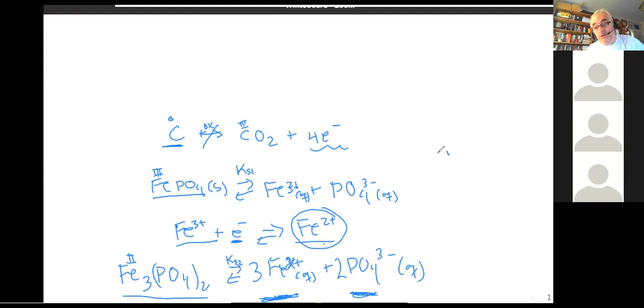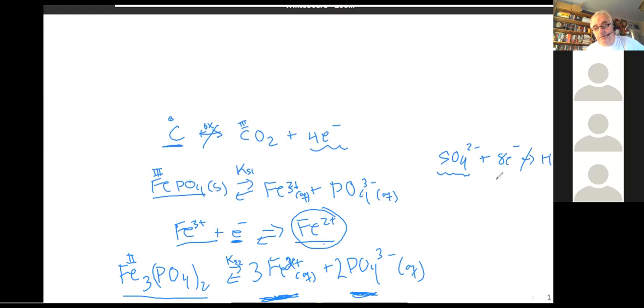The electrons are used for other stuff also. For example, sulfate plus how many? This is sulfur 6, so then we need 8 electrons to go to H2S or something like that. So if there is a lot of sulfate in the normal water, then there is a possibility that the electrons are used up.